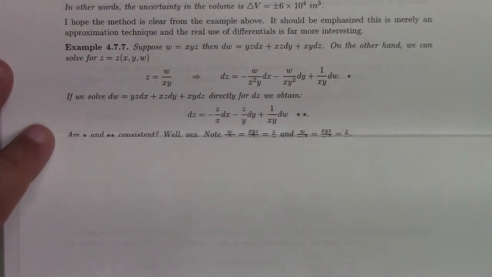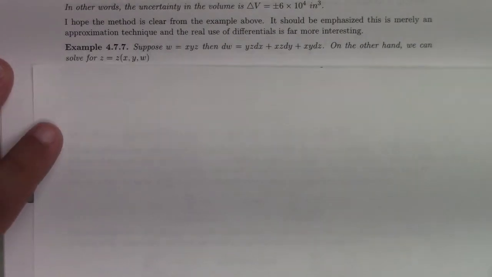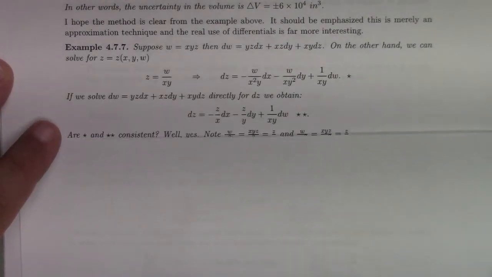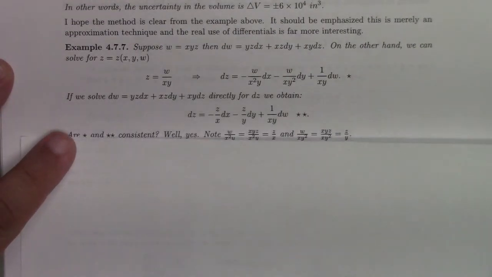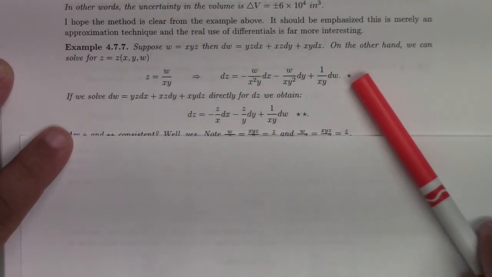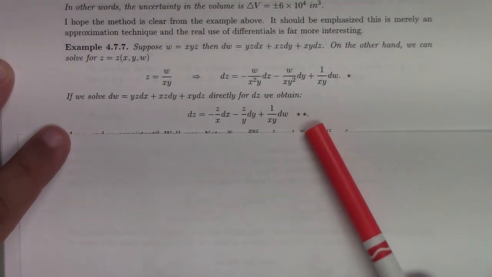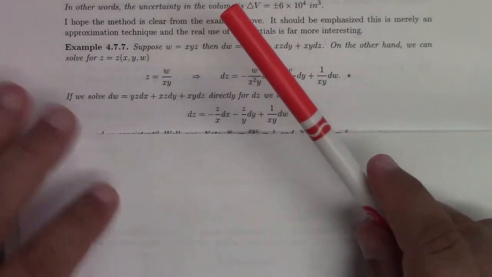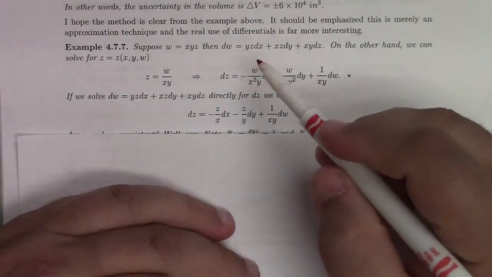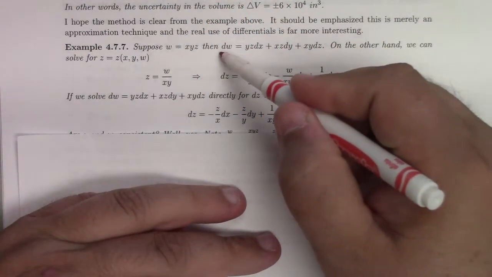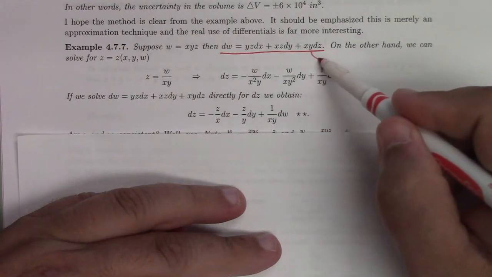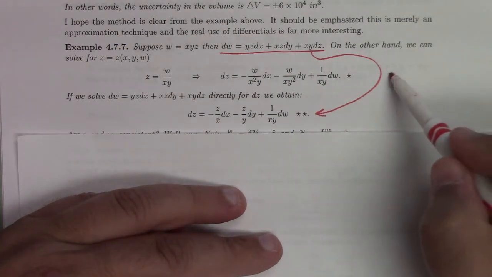And if you were to solve this equation up here directly for dz, you get this. Now you can compare star, which came from direct differentiation, versus star star, which came from just solving this right here. Solve for dz.